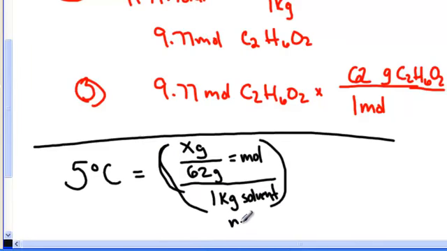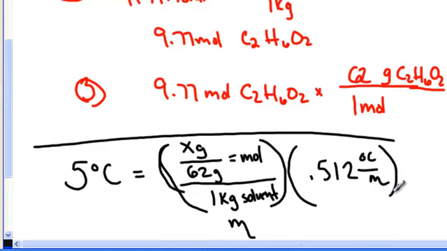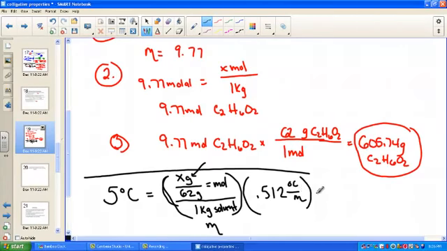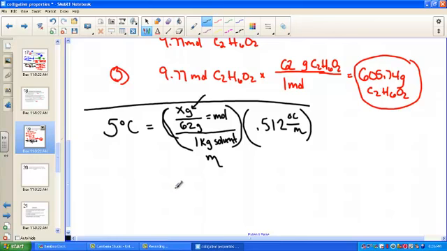Little m, molality. Moles per kilogram times the boiling point elevation constant, 0.512 degrees Celsius per molal. Pull out x, and you've got the same answer. But this way I only have one setup, and for my mind it seems to work better.